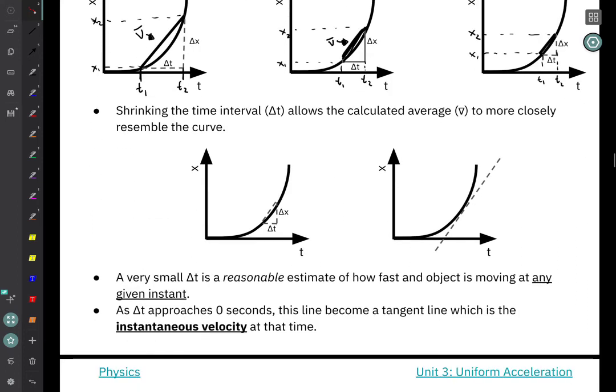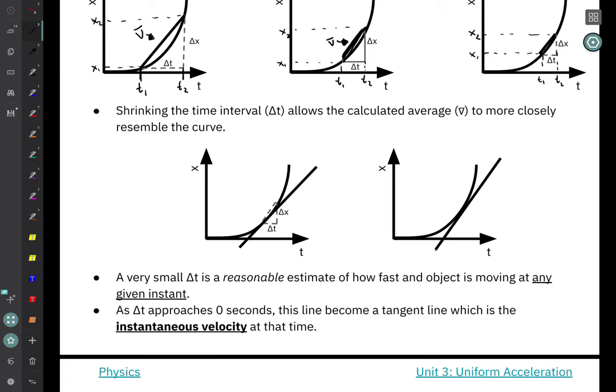So we're going to continue with that, where we're going to take an even smaller time region and position region here, which is very similar to the one we had just above it. And we're going to assume that as our change in time is getting smaller and smaller, eventually that's just going to line up with a single curve that goes through that one single point, very similar to the one that we are seeing over here, where it's only touching the curve at that one point.